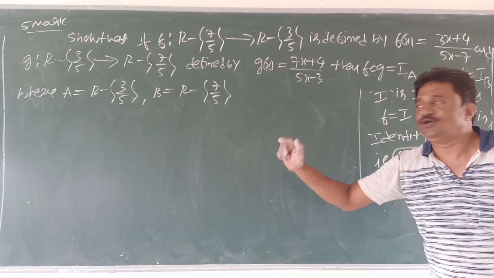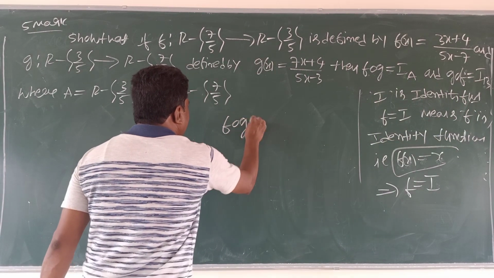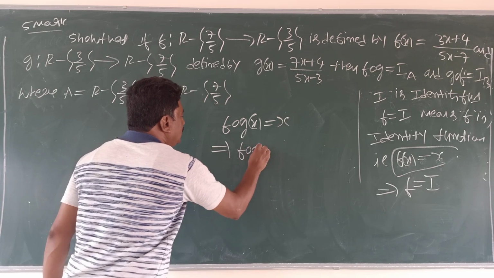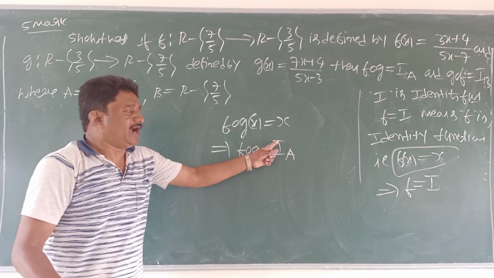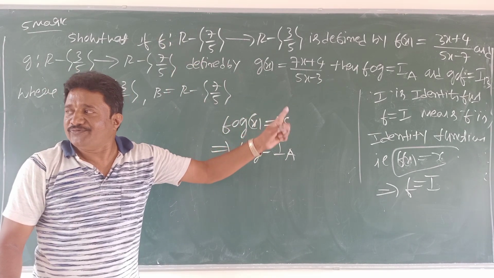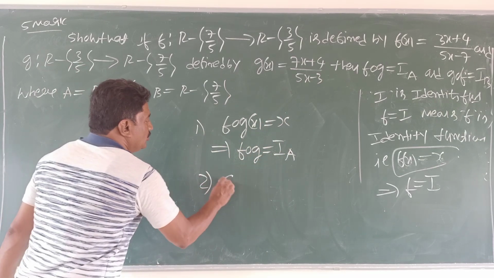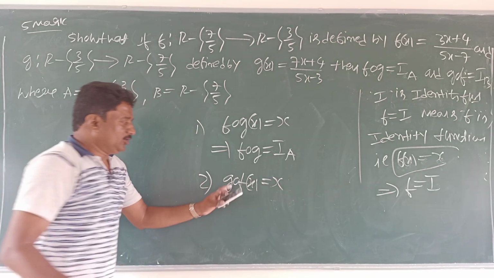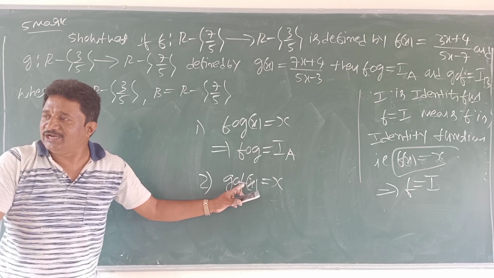fog(x) is equal to x means fog equals I_A, identity function on the set A. I_B means identity function on the set B. So first one. Second one, gof(x) equals x means gof is identity function.